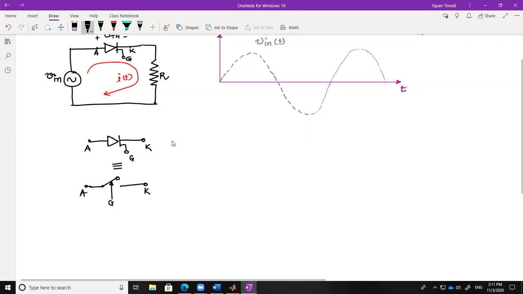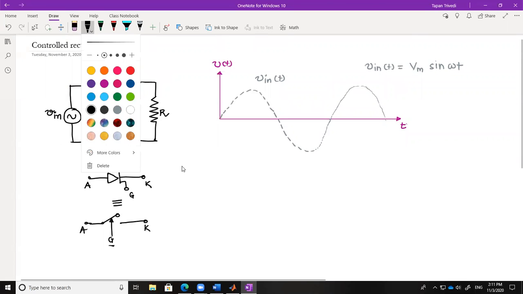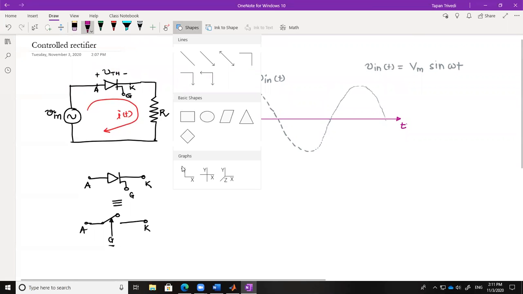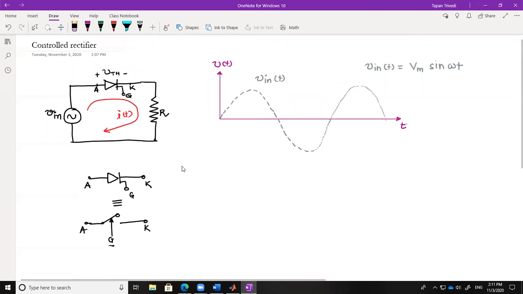The advantage of a controllable switch is that you can decide when it will turn on. That means when you are going to close this switch is decided by the terminal G. Now, for example, in our case, we decide that the switch is going to close at this instant.